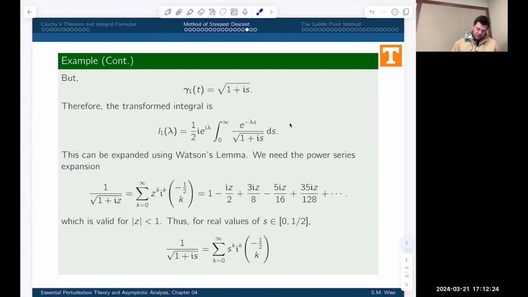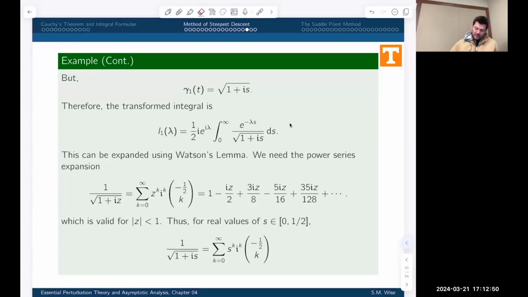I don't know where those went, but in any case, there should have been powers there, right? z to the 0 power, z first power, second power, third, and so on. I'm not sure that I should have an i in each one of those terms either. I think I had a double aneurysm there.